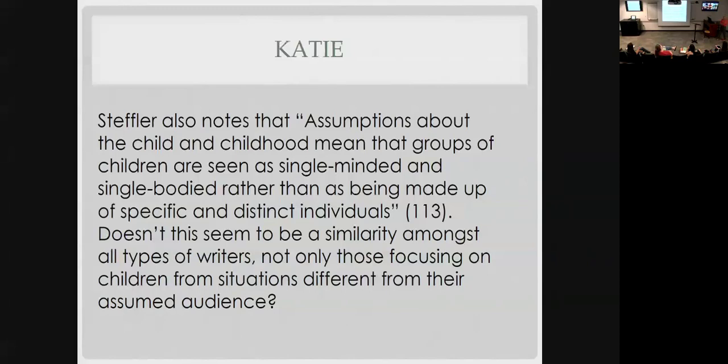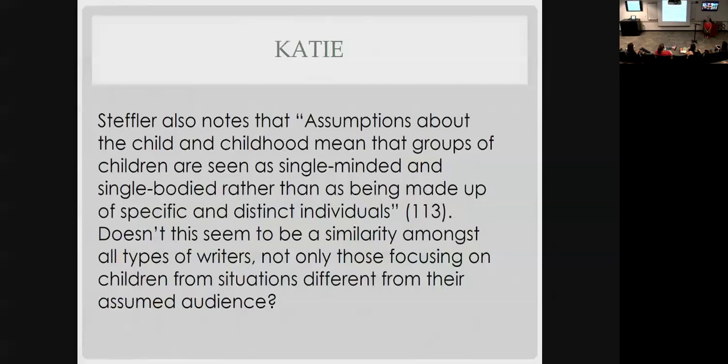Yeah, when I read that, I just thought, what a broad statement. I think writers in general sometimes assume that their audience will receive something in a certain way, or make assumptions about their backgrounds or lived experiences.